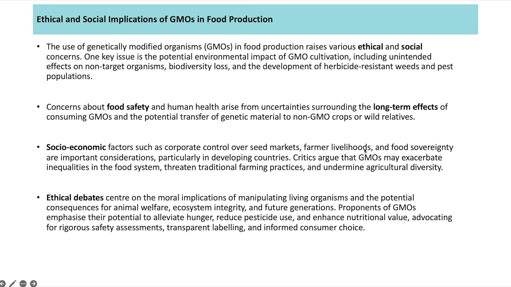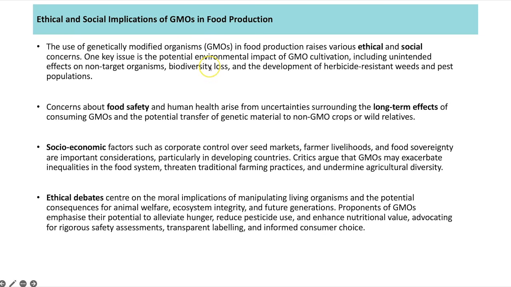But again, there are downsides to consider linked to the ethical and social implications. So the use of genetically modified organisms to produce food in this way has one issue around GM cultivation. So unintended effects maybe of non-targeted organisms. So maybe it does actually affect other organisms, not just the crop plant of interest.